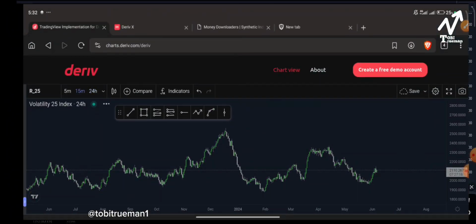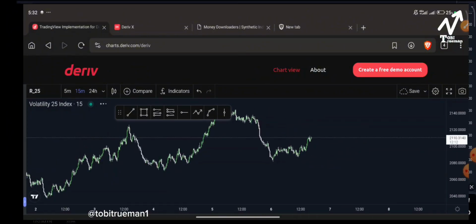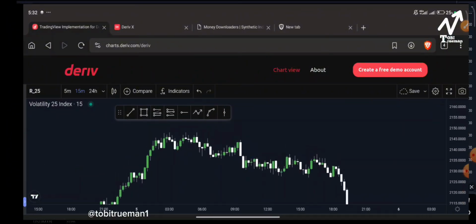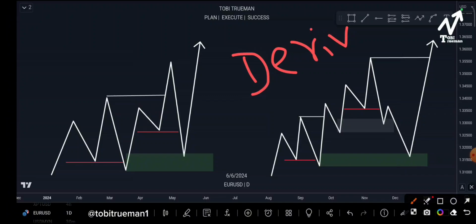So the price action there is very clean. There's less forced pullback, where you begin to look for the exact point that price breaks, the exact point of break of structure, all those things. With TradingView implementation for Derive, it is very easy to understand.